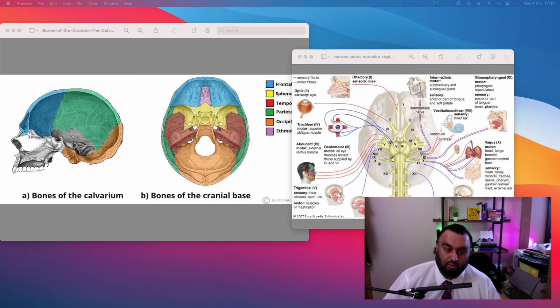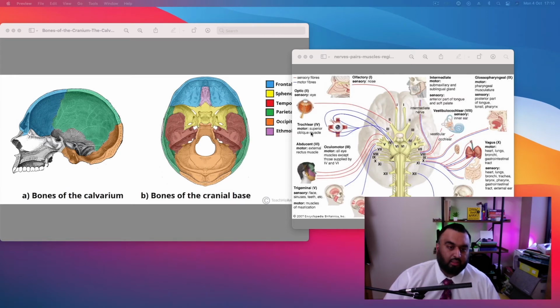Another one that's related to the eyeball is cranial nerve number 4, the trochlear nerve. Now, trochlear in Latin loosely translates to a pulley system, like a pulley. And it's named because it's got a little ligament sling that loops around the muscles before it attaches to the globe of the eye.